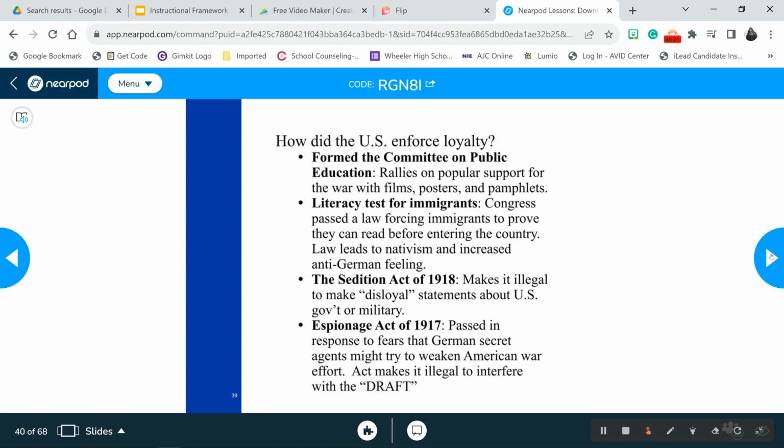Is that clear there? That means, again, it wasn't a big draft in World War I. It still was a draft, though. Is everybody clear there? Does everybody understand what the draft is? That means, like I said, all y'all in this classroom, especially you closer to the age of 18, the United States will call you or send you a letter. You are now being drafted into the United States military.